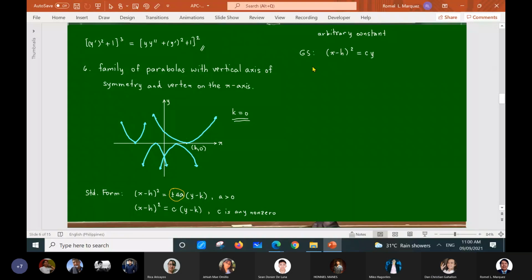Let's call it equation 1, the general solution. So, divide natin ng y para madaling matanggal ang c. X minus h quantity squared over y equals c. Okay? Pag ang c negative, yun yung going down. Pag ang c positive, yun yung going up na parabola. Pero ang c natin hindi dapat 0. Kasi pag ang c 0, it's no longer parabola.